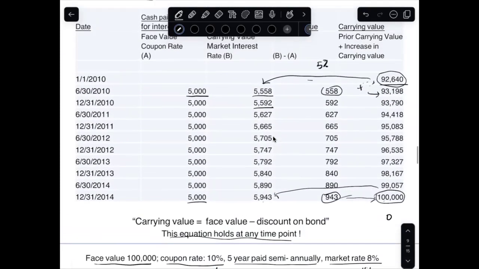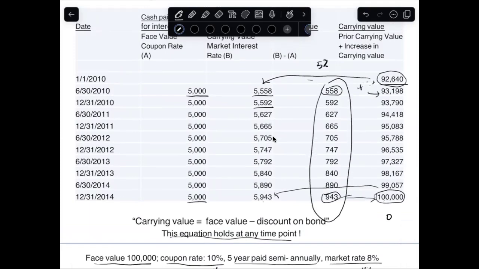And for here, this number, the face value here, plus this number equals this number.